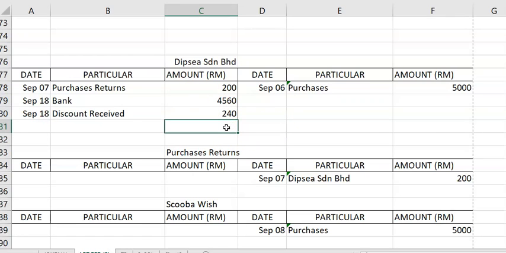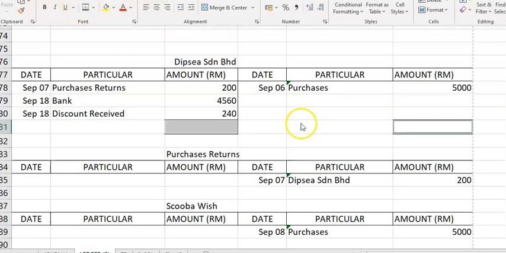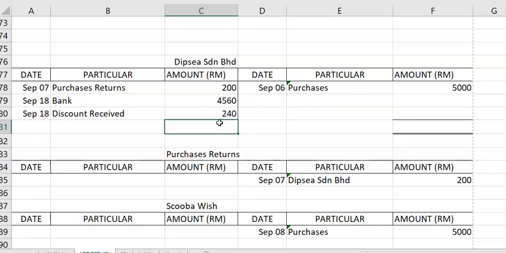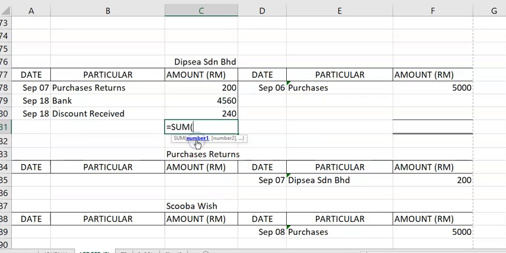If you calculate the total of the credit side and also the debit side of the account, it is the same.